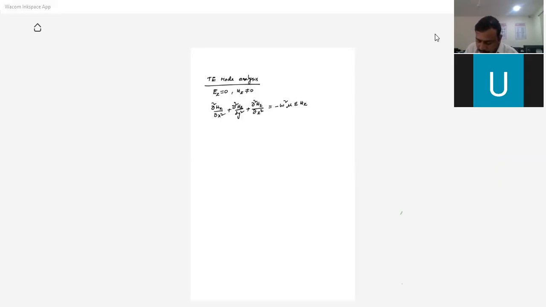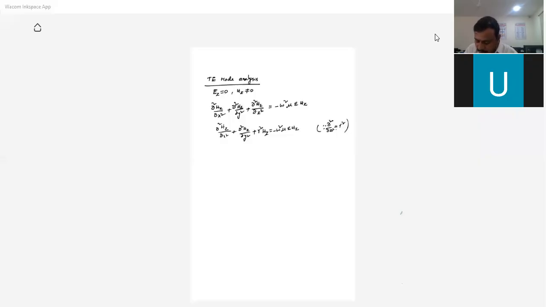From this, we already know del square by del z square is gamma square. I'm substituting this in our equation. We have gamma square into Hz is equal to minus omega square mu epsilon into Hz.